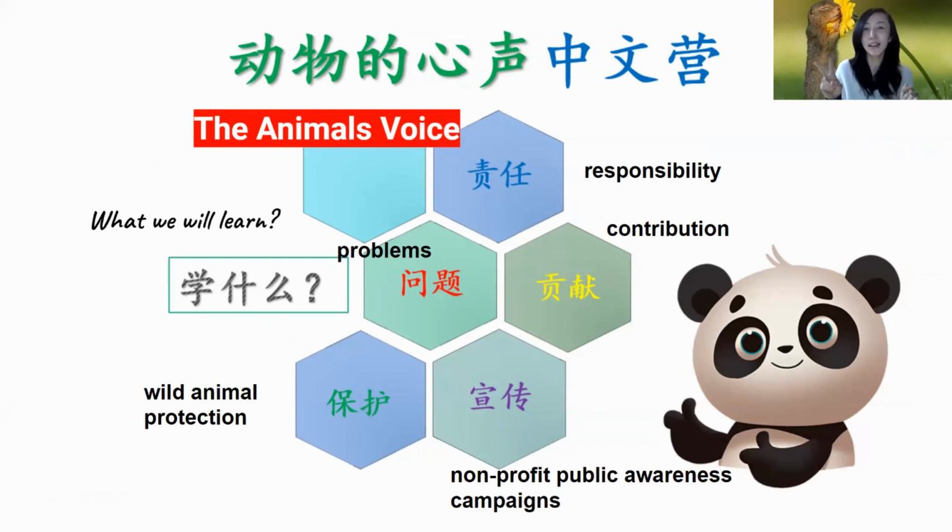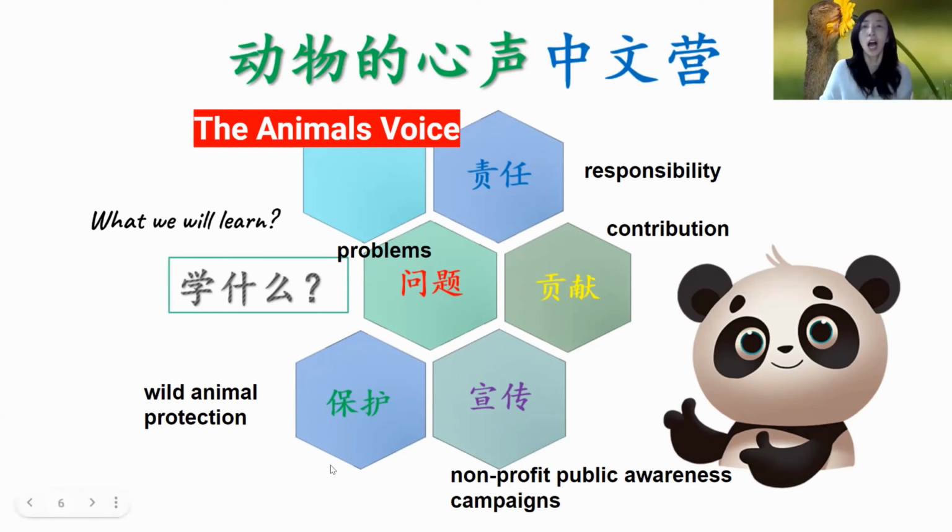The second one is the problems that animals are facing. The third one is animal contribution to human society. The fourth one is we share many kinds of nonprofit public awareness campaigns with them. And the last one, the larger topic, is wild animal protection.